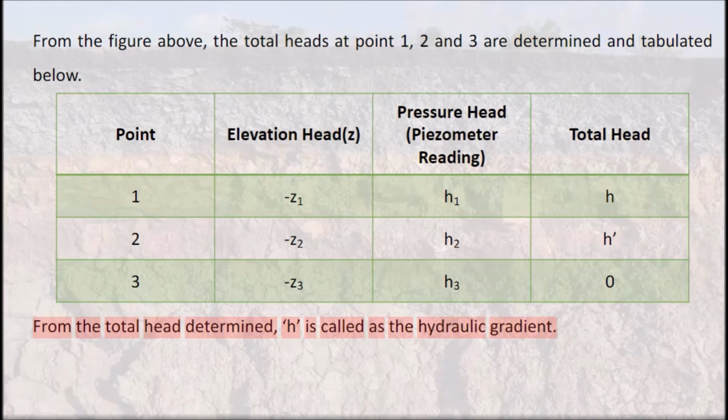Point, elevation head Z, pressure head, piezometer reading, total head: point 1 has Z1, h1, H1; point 2 has Z2, h2, H2; point 3 has Z3, h3, and H3 equals 0. From the total head determined, H is called the hydraulic head.